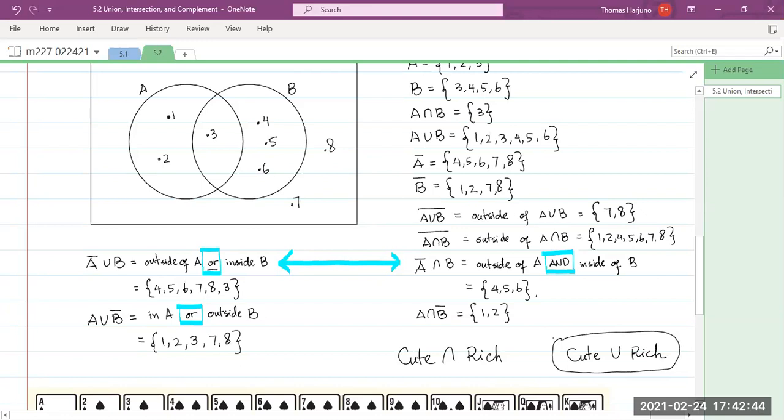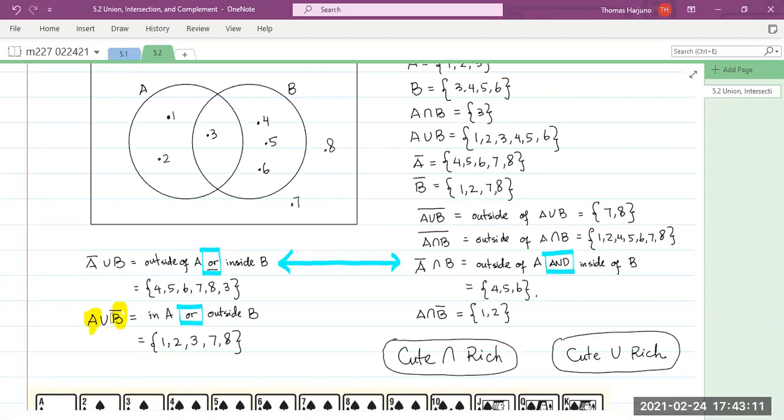So all I need to have here is if that person satisfies either one of them. While the one here, it has to satisfy both of them. So use your instinct a little bit. When we say or, it means it just needs to satisfy either one of them. It's either in A or outside B. So as long as it satisfies in A, you count it in.